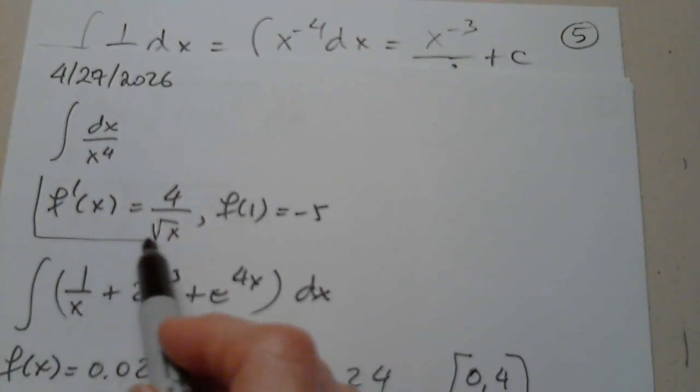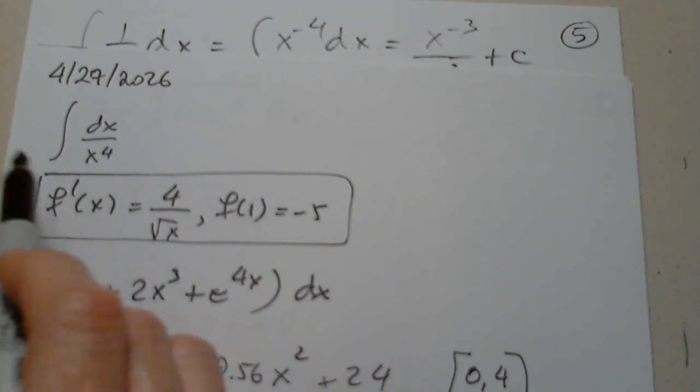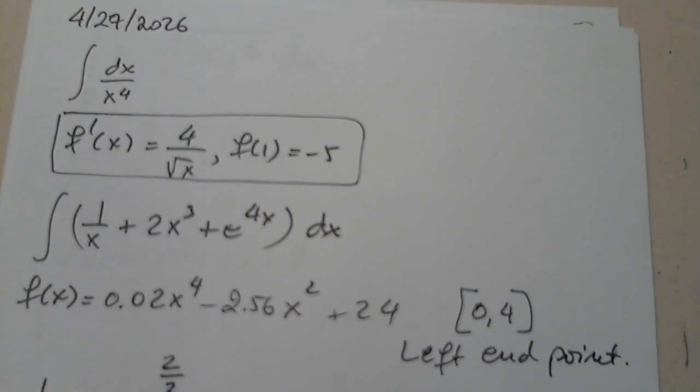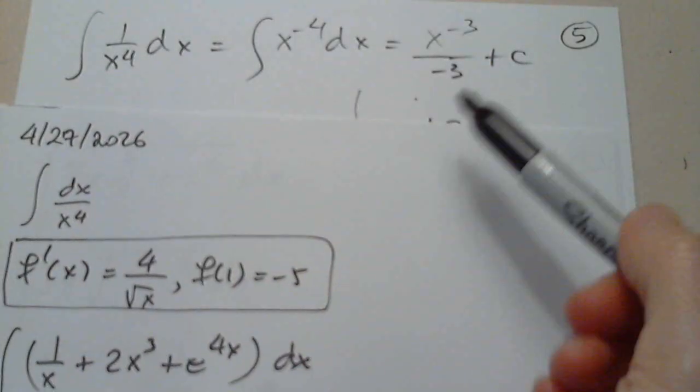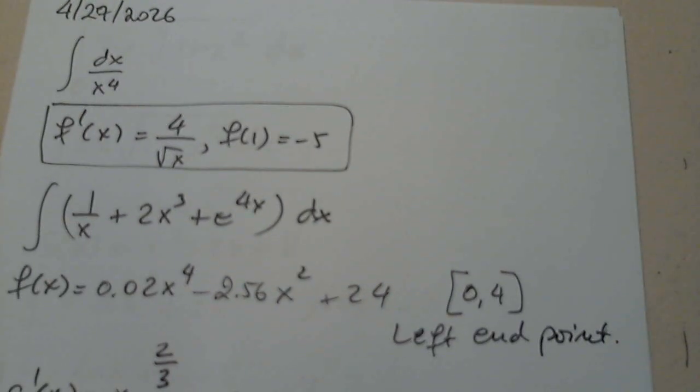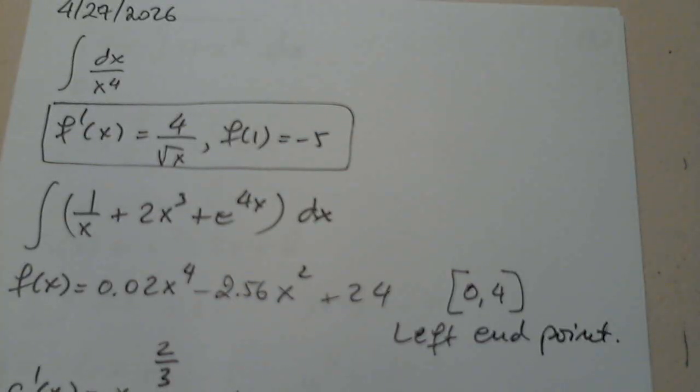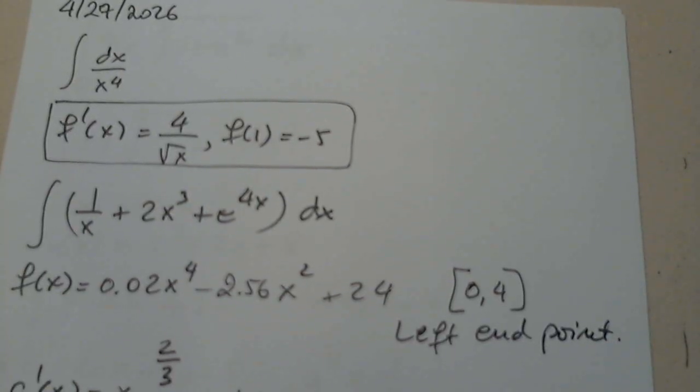Look at this one, it's exactly the same thing, but we are given a condition to find C. I don't want to rush you, I just want to go through all of them. Can we just go ahead and do that one too?